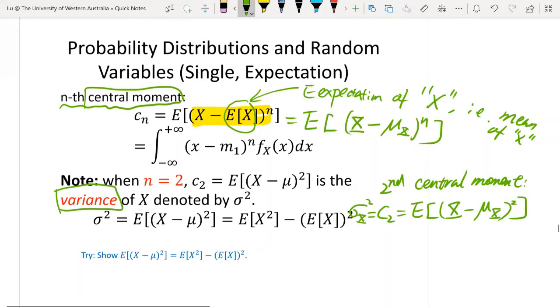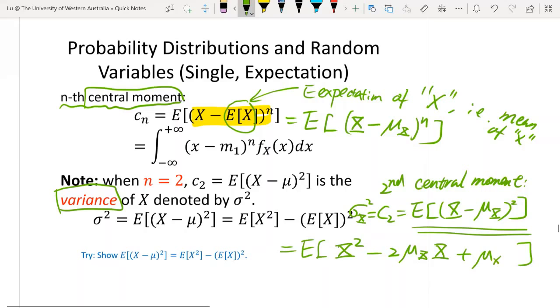This is called variance. And this kind of variance calculation can be expanded. So inside of the expectation operation is (x minus mu_x) squared. So (x minus mu_x) squared is actually x squared minus 2 mu_x times the random variable x plus mu_x squared. But you know, the expectation doesn't have any effect on constants, and the mean value of the random variable is just a constant.